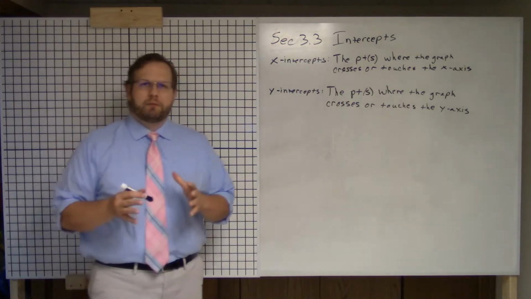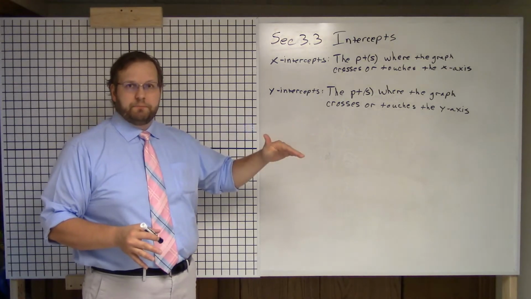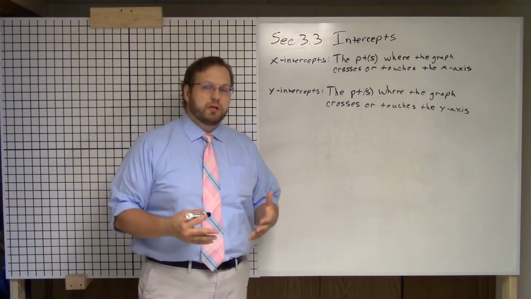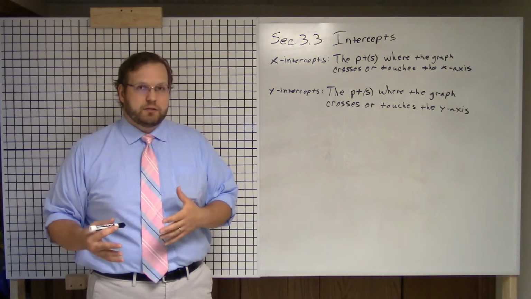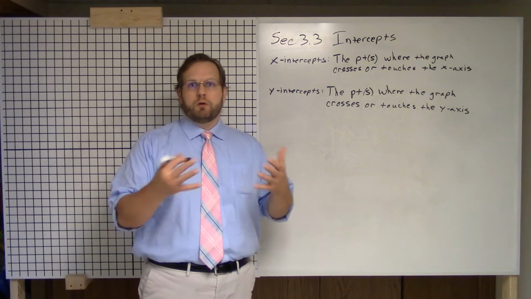Now I want to be very clear on something. These are points. There are a lot of times where people just look at these as numbers, but they are in fact points. So when you are writing an intercept, write it as a point. What do I mean by that?